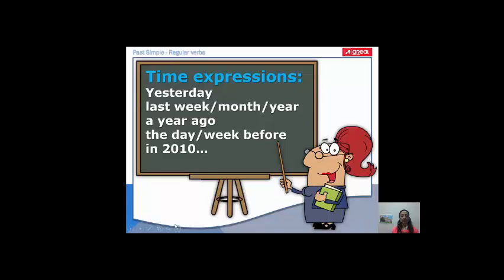Time expressions used with past simple, or as we call them, the keywords: yesterday, last week, last month, last year, a year ago, a day ago, an hour ago, the day or the week before. Or we can also say in 2010, in 2011, a previous year.